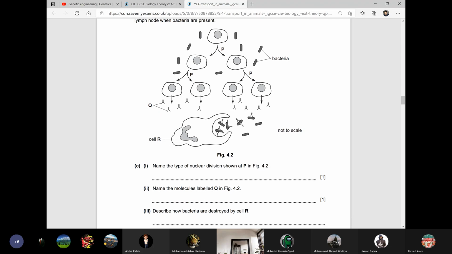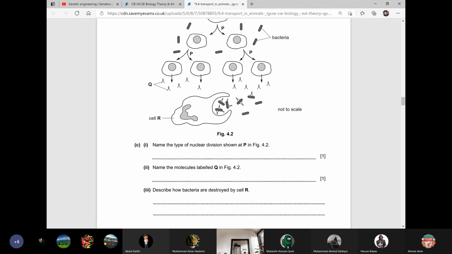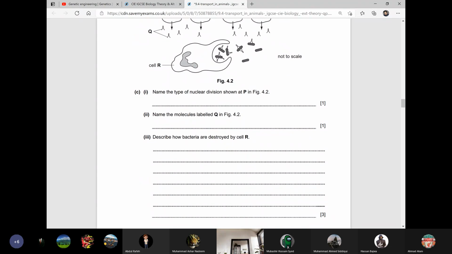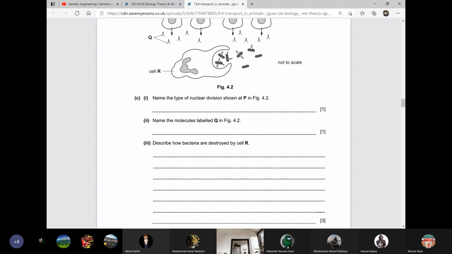Now, next one, describe how bacteria are destroyed by the cell R. First of all, this cell R is what? It's a phagocyte. What does it do? It engulfs. Very good, right? It engulfs the pathogens or bacteria.